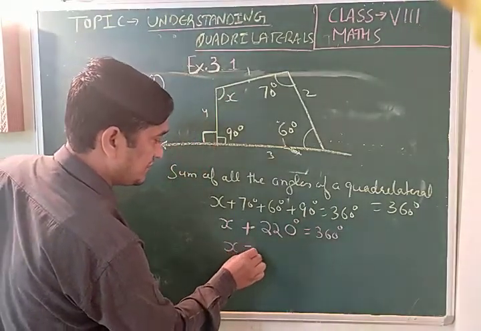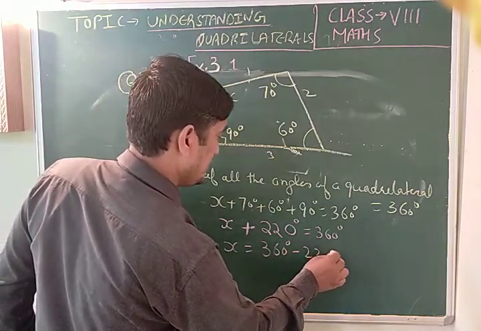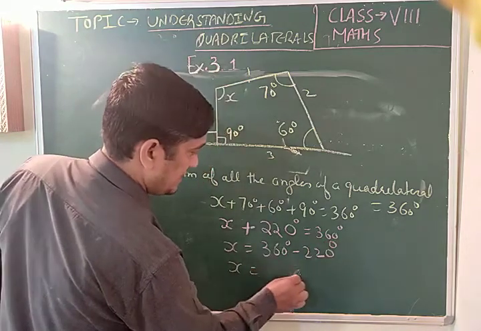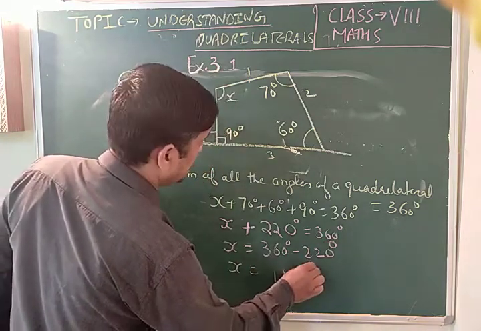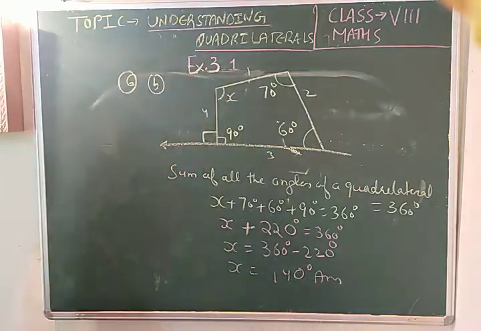Then x is equal to 360 degree minus 220. It becomes 140 degree. The value of x is 140 degree. Children, please do it. Then we have to start the next part.